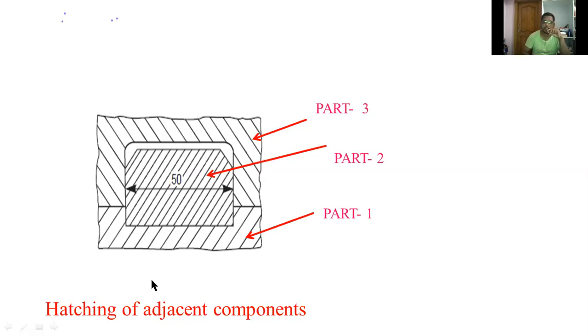For showing them differently, I am drawing left side hatching for the bottom section, right side hatching for the top section, and for the middle section I am drawing left side hatching but in a different style. The distance between hatching lines is smaller than in the bottom and top sections.